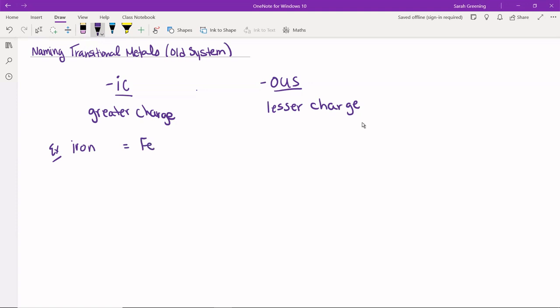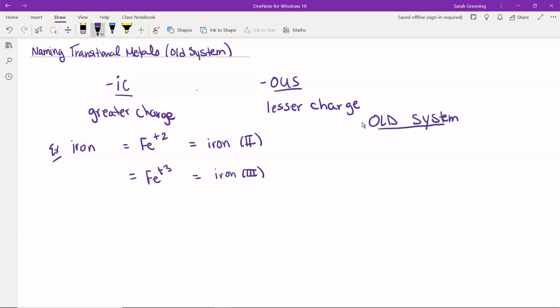So if we were to have iron +2 or iron +3, in the standard system, when you're using Roman numerals, you would see this written as iron(II) with the Roman numeral 2, or for iron +3, iron(III) with the Roman numeral 3 to indicate the charge.